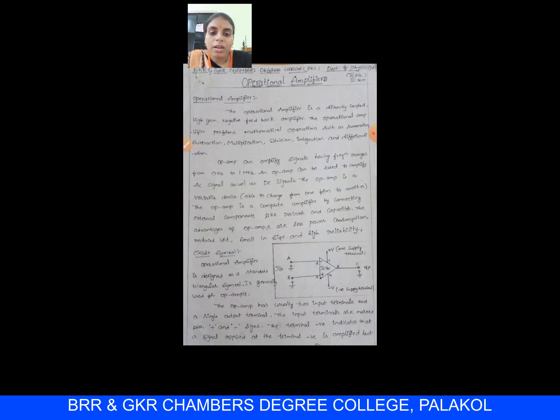It costs very little, is available in the market in small size, and has high reliability. The lifetime of this op-amp is very high. This is a major advantage of the operational amplifier.